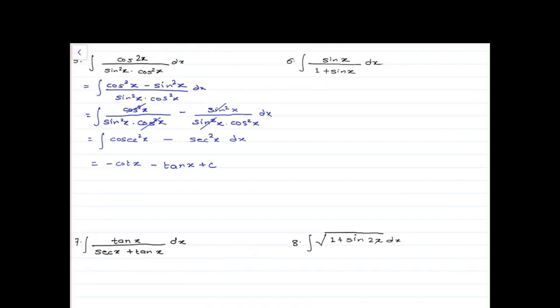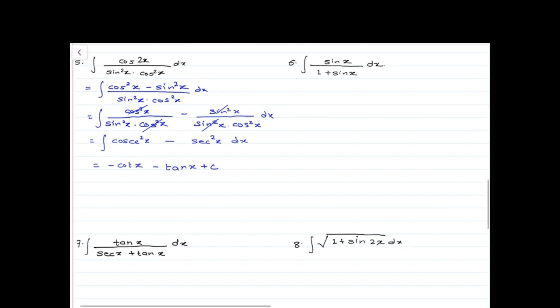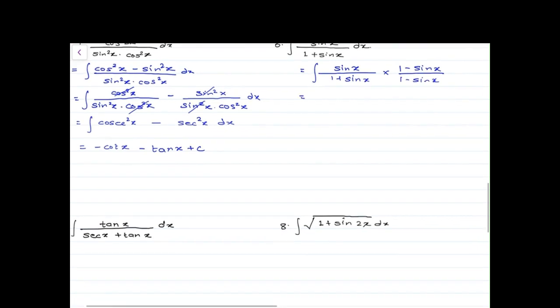Now as you can see, for this particular question, we don't have any formula that is directly giving us this, right? So what we can do, we can rationalize. So 1 plus sine x, we can multiply numerator by 1 minus sine x as well as denominator by 1 minus sine x. So we are not making any changes.